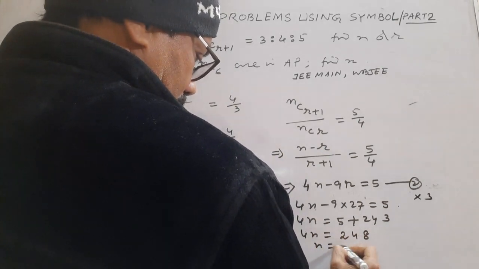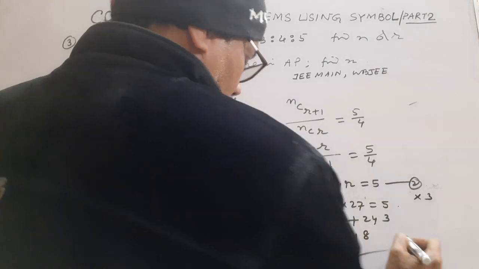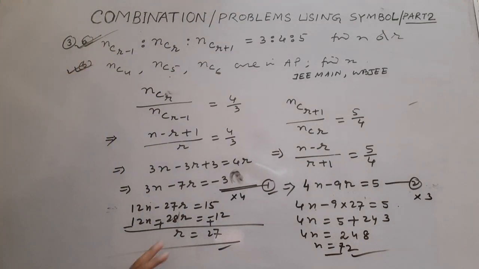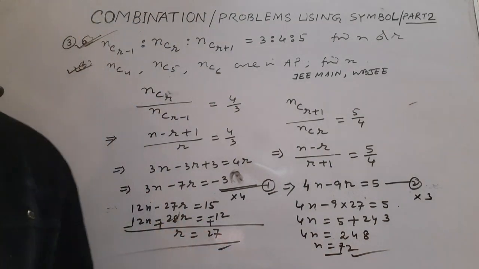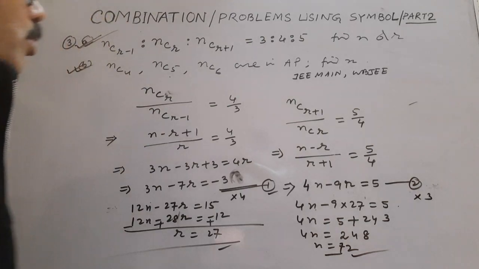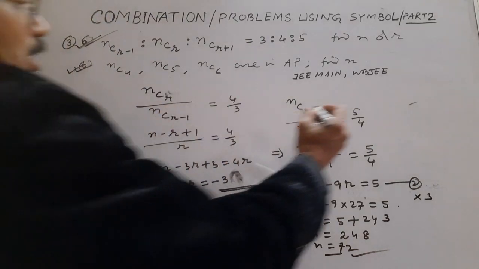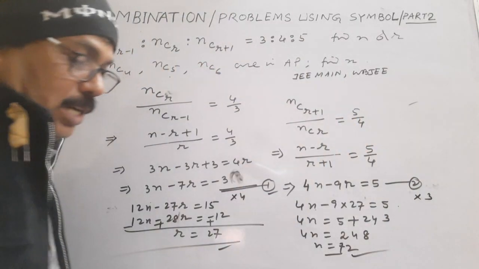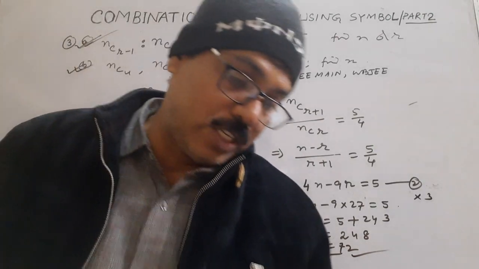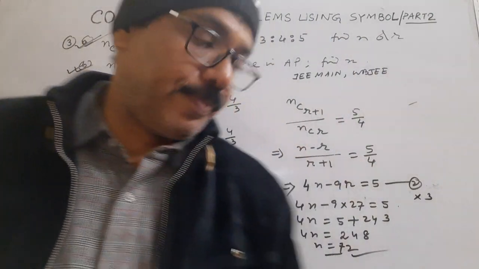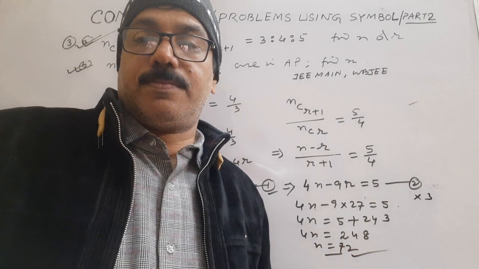So what is n? 72. So n equals 72 and r equals 27. So you remember this theory, nCr by nCr minus 1. Otherwise, it will take time. Next one.